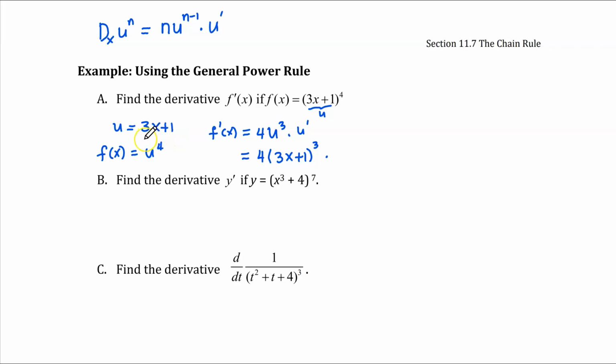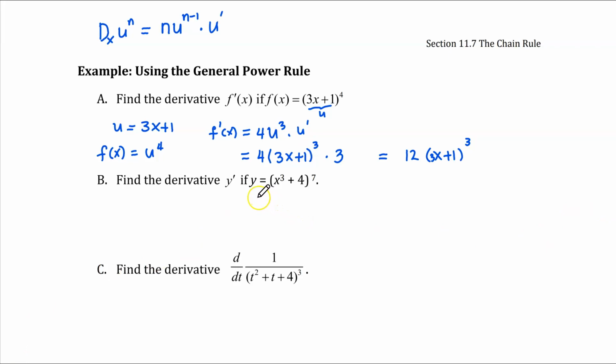Derivative of 3x plus 1 is 3, since the derivative of 3x is 3 and the derivative of 1 is 0. So times 3. So therefore, this is the derivative of the given function here. You can then simplify this as 12 times (3x plus 1) cubed.